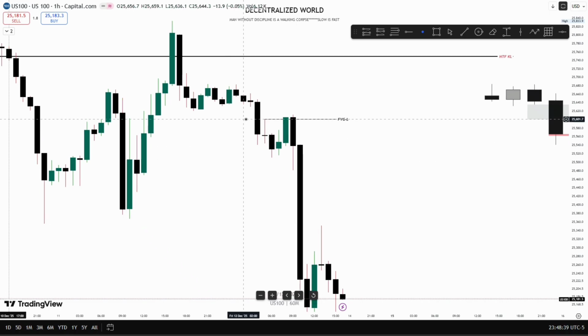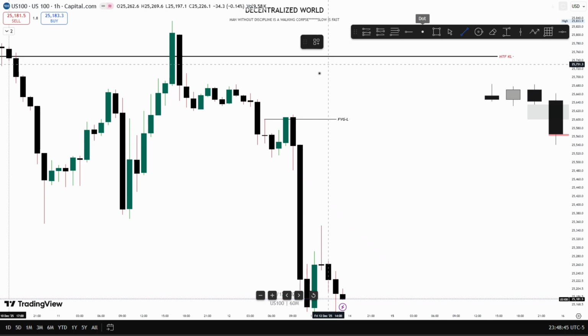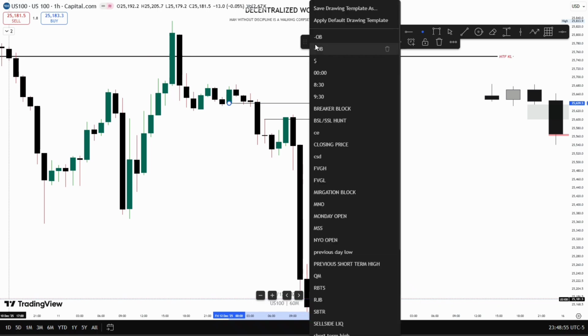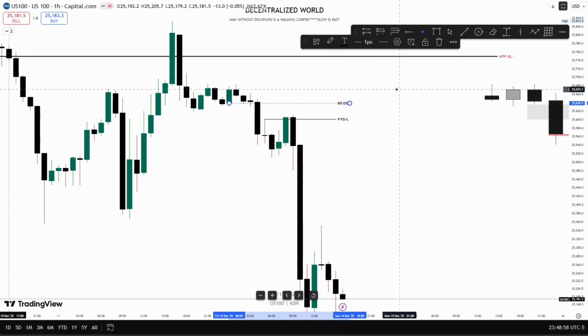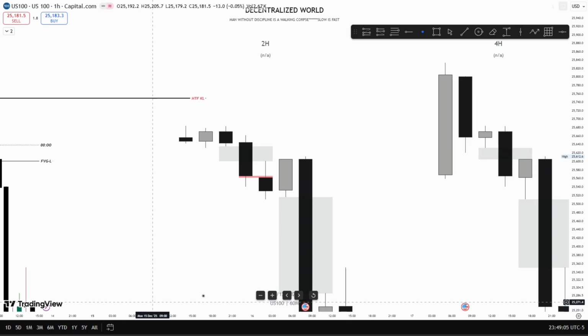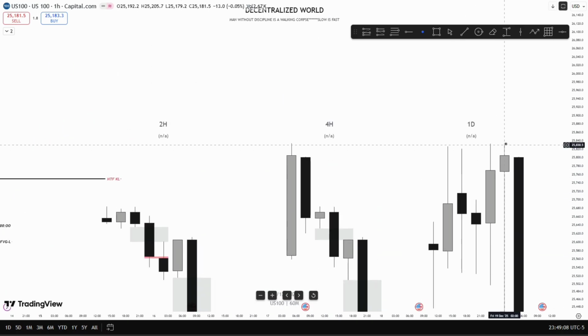So if you look at this Nasdaq, Nasdaq has a lot of key levels where I want to be trading from. So we have like the midnight open, we have our daily high. Let me check it out.